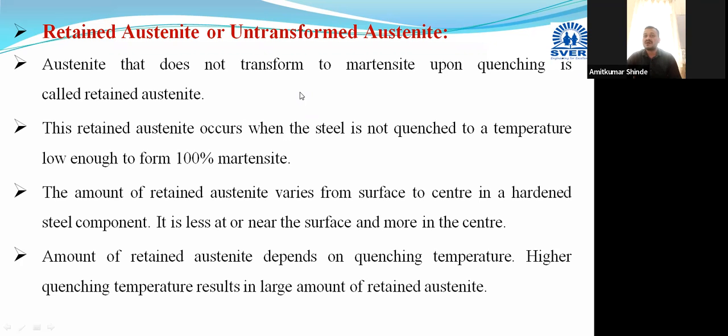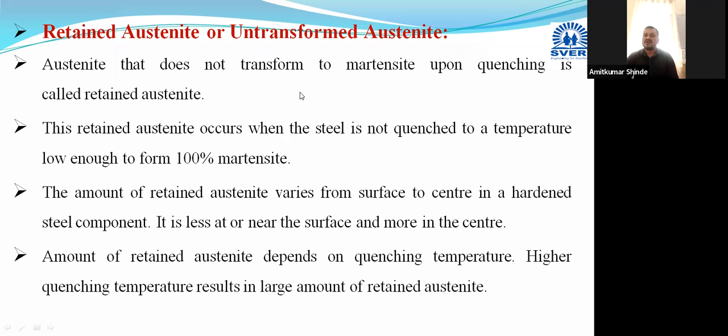But in case of hardening, we are transforming that austenite to the martensite. But in some cases, after completion of the hardening heat treatment process, along with our martensite, some amount of austenite may be there at room temperature conditions also. That austenite is termed as retained austenite.